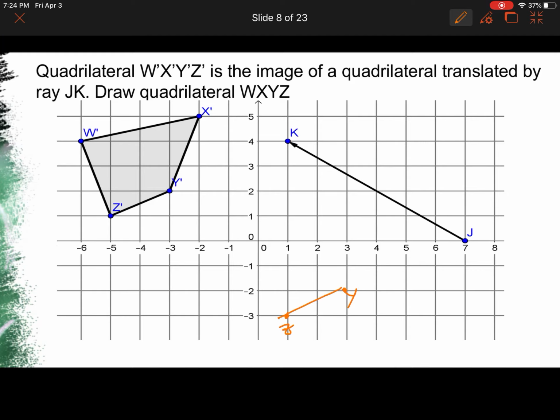So here's Z, here's Y, and this is going to go 2 over 1, there's X, and 1, 2, 3, 4.